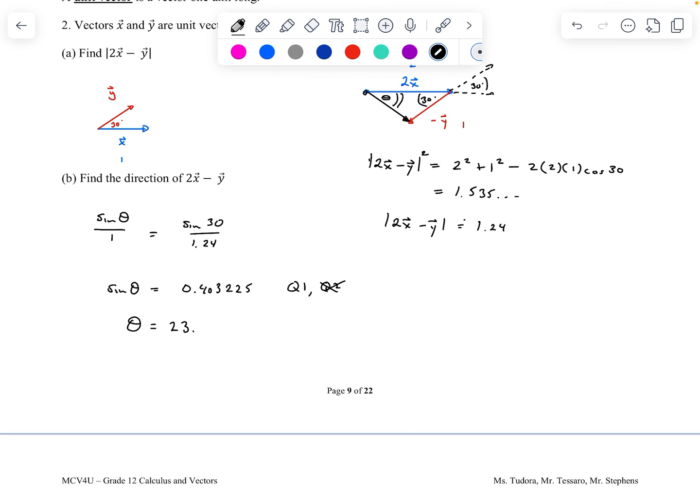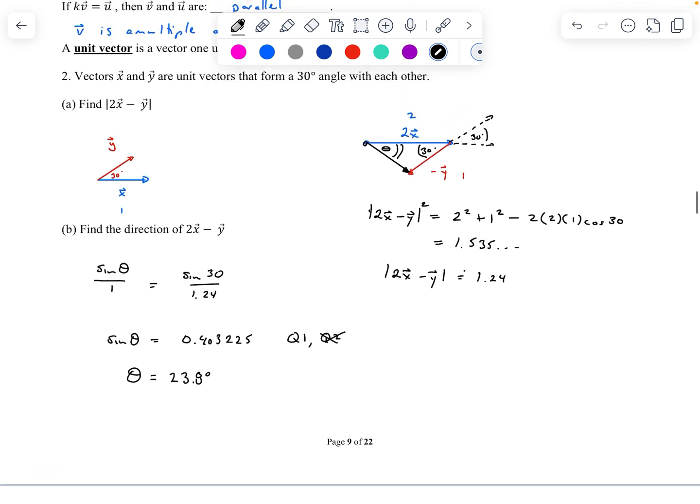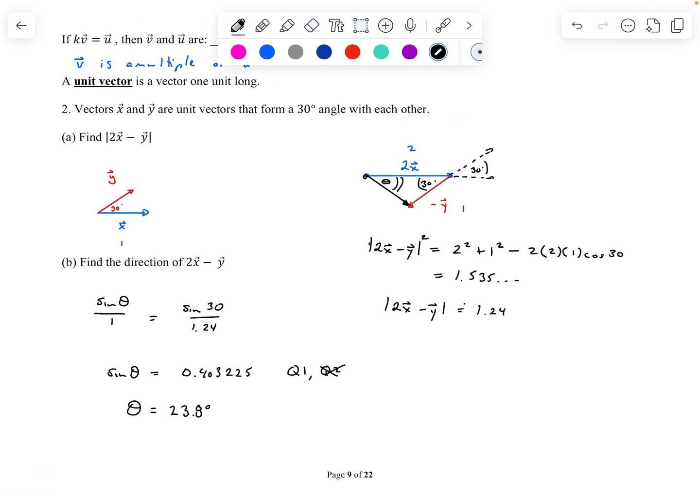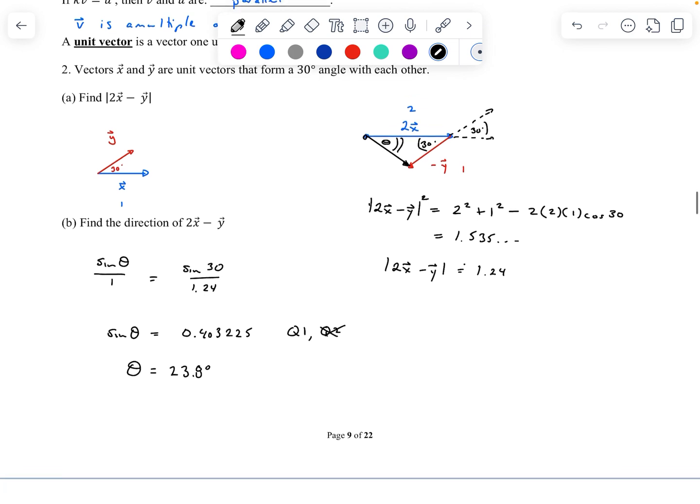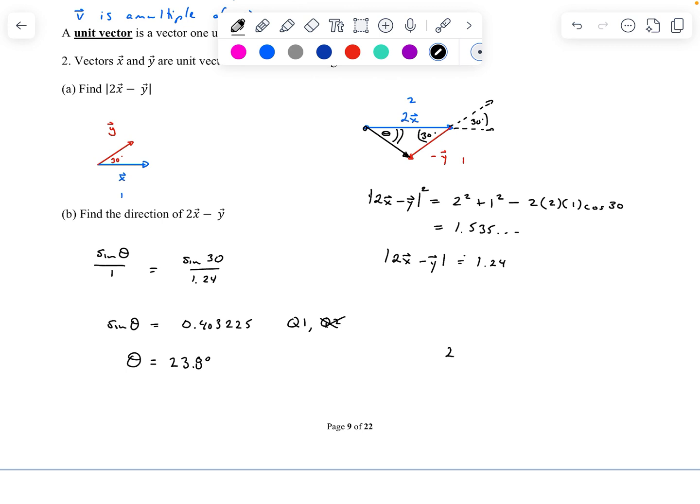Now, that's not really a direction. It's an angle, but not a direction. That is the angle between 2x minus y and 2x. So I'm going to give this answer as 23.8 degrees off 2x, which is the same as x.